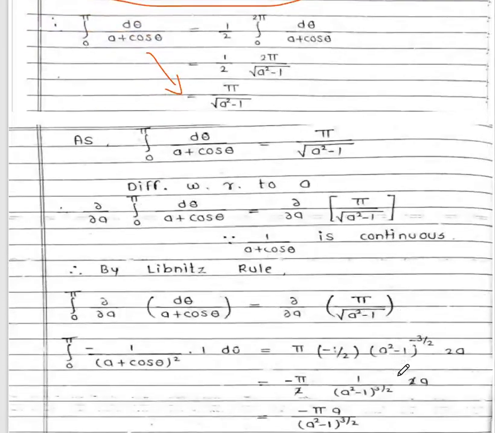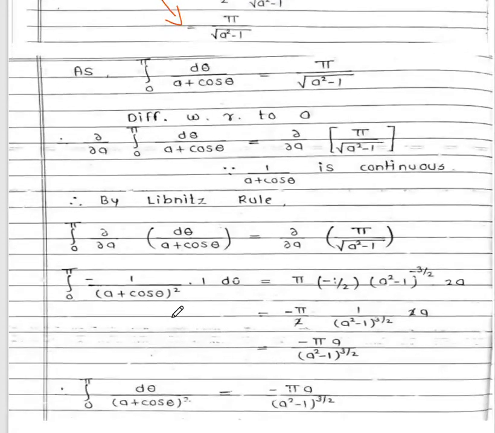Okay. So here 1 upon a plus cos θ is a continuous function. Therefore, by using the Leibniz rule, this derivative can be taken inside the integral. So the integral 0 to π of ∂/∂a of 1 upon a plus cos θ dθ equals ∂/∂a of π upon under root a square minus 1.